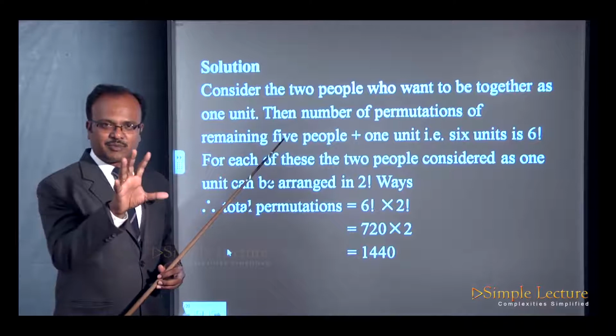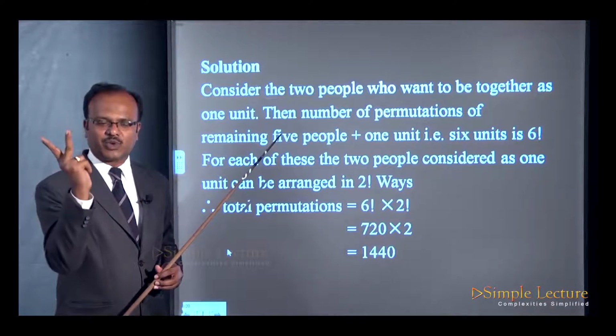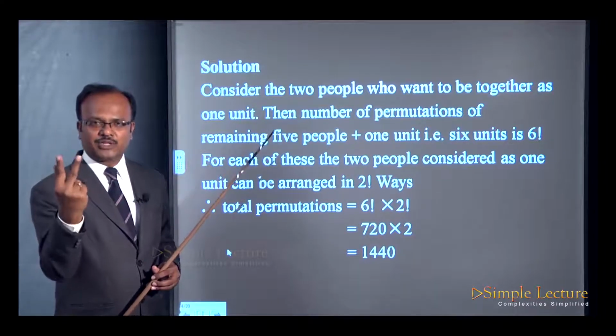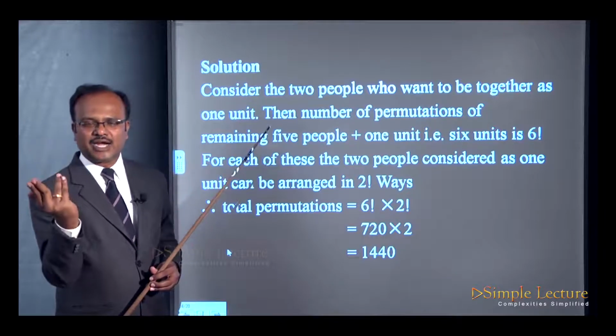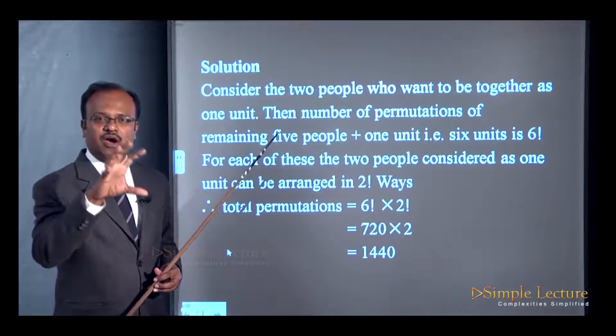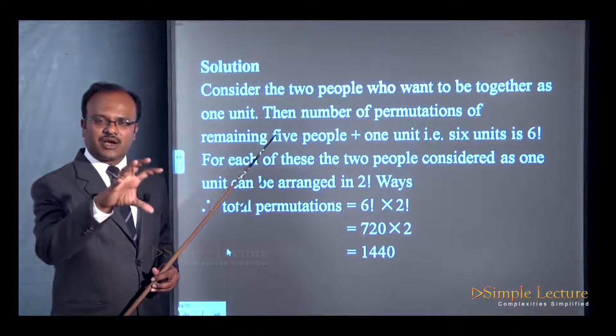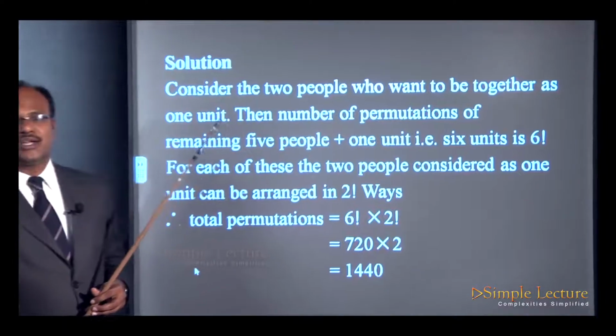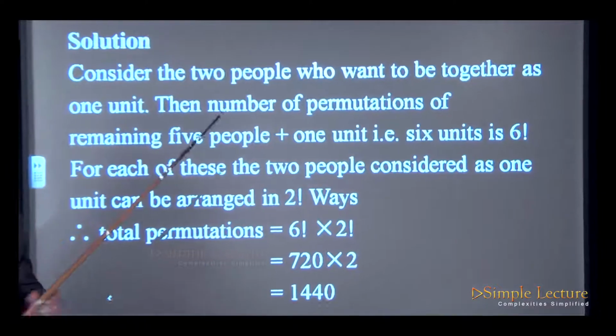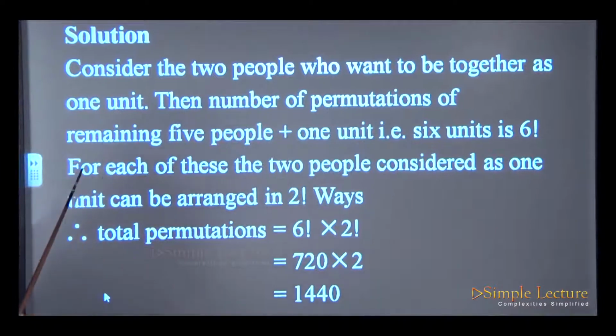So 5 things, make this 1 unit, add to that, becomes 6 items, take all the 6 items at a time and do the arrangement.